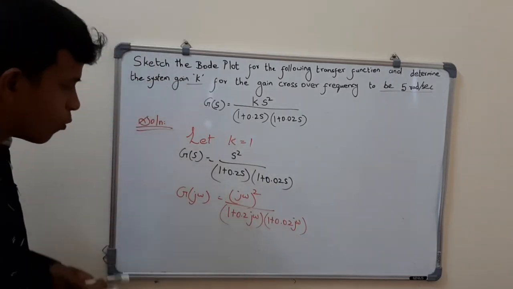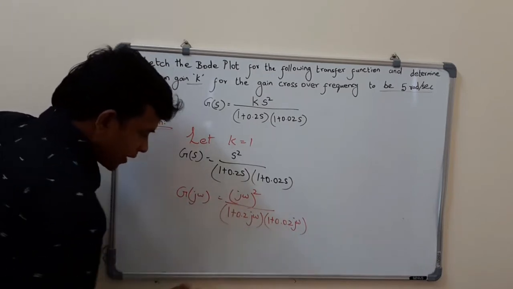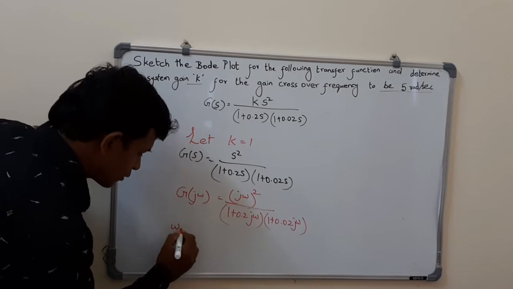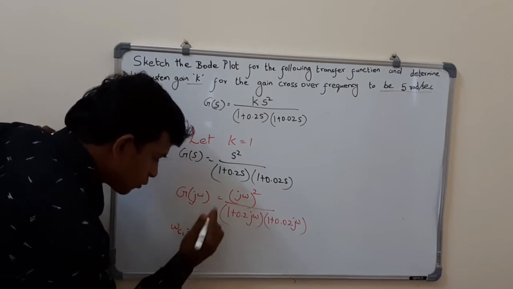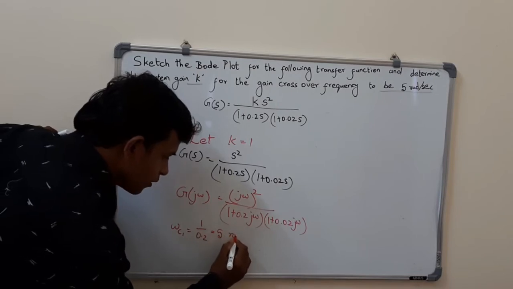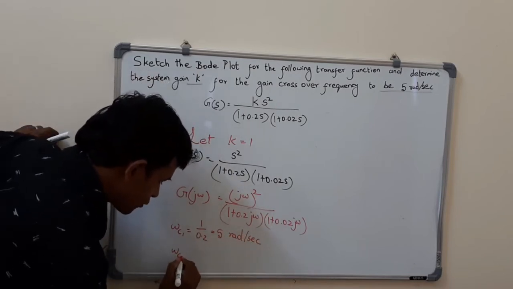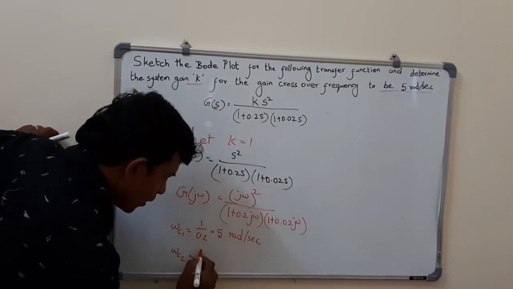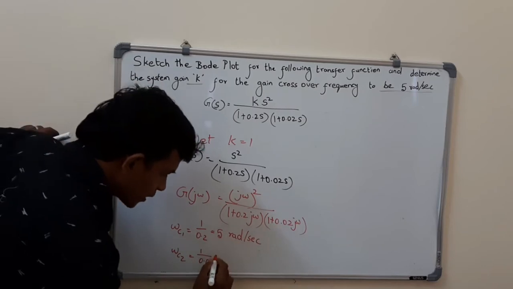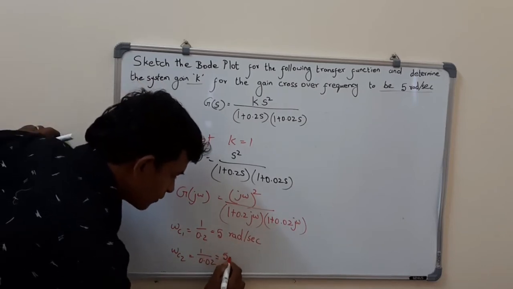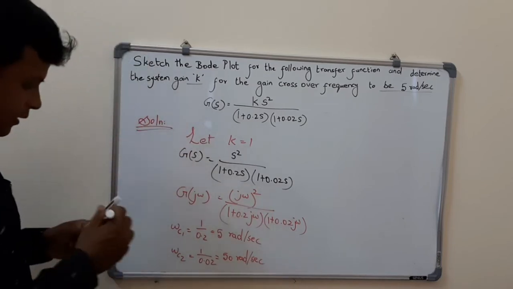So we have to find what are the corner frequencies that are provided by these two first order factors in denominator. Let omega c1 be 1 divided by 0.2, that is equal to 5 radians per second, and the second corner frequency omega c2 equal to 1 divided by 0.02, that is equal to 50 radians per second.